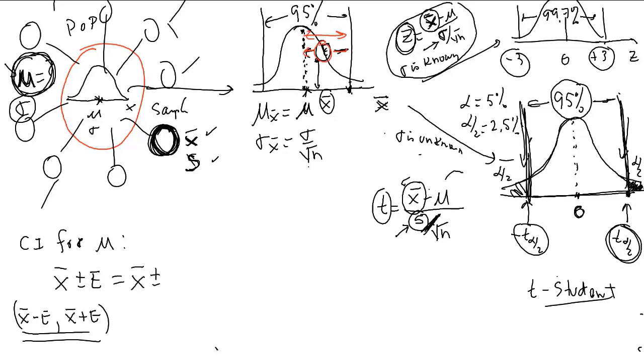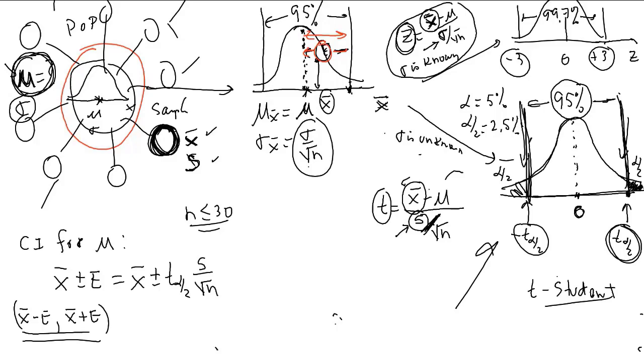Then the maximum error is given by this expression. Because we are going to use the t-distribution, we need t alpha half times the standard deviation, but because we don't know the standard deviation of the population, we have to use the standard deviation of my sample. We are going to use this formula when my sample size is smaller than 30 and the population is normal.